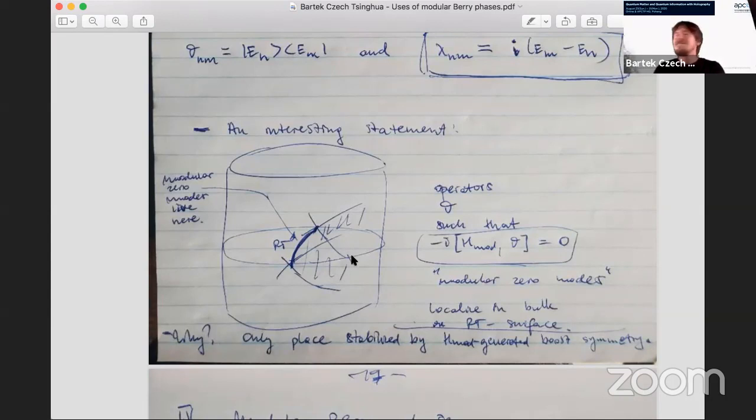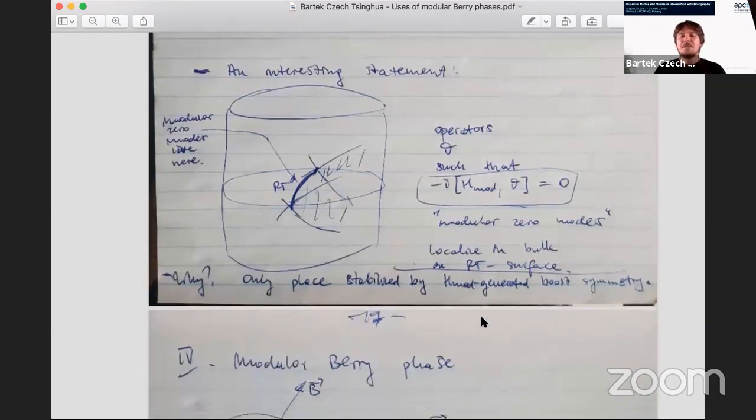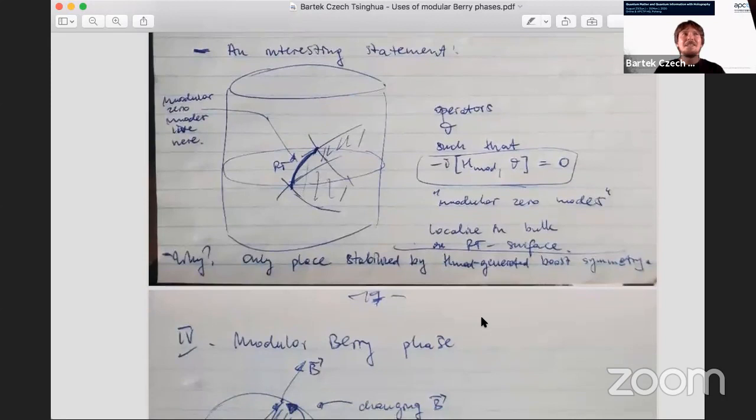I'm not going to answer this question more because it will just take me on a tangent. But I think it's probably useful to think of these modular frequencies as being related to how far away we are from the RT surface. In some cases it will be useful. It's a subtle statement.